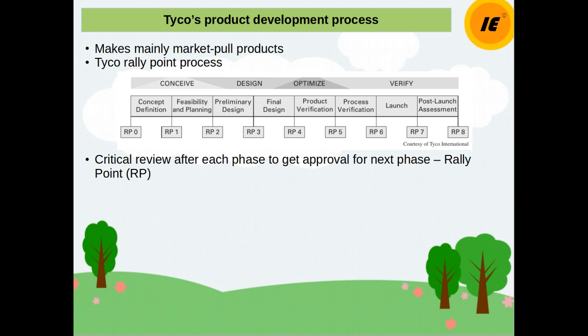To start with, we always say that that is the generic thing, and depending on the product and depending on the company, the way they want to implement it is up to them actually. So here we can see an example where certainly it's not like they are implementing something totally out of the box. Again it starts with the concept definition, feasibility and planning, preliminary design, and then final design.